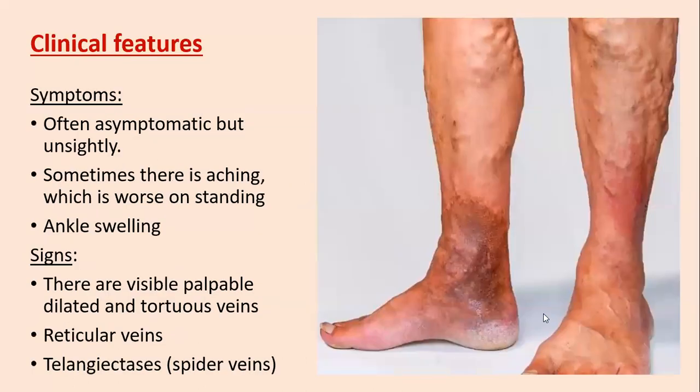The clinical features. Symptoms. It's often asymptomatic but unsightly. Sometimes there is aching, which is worse on standing. There is ankle swelling. Other signs are palpable, dilated and tortuous veins. Then there will be reticulate veins and telangiectatic veins or spider veins.